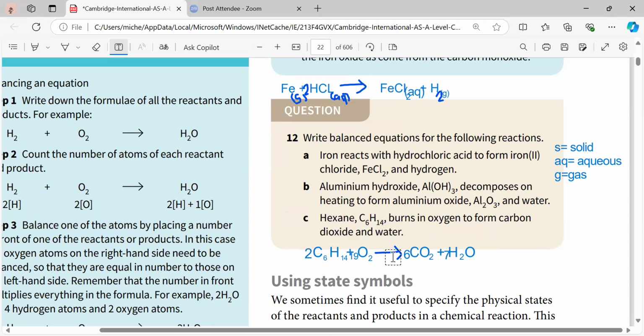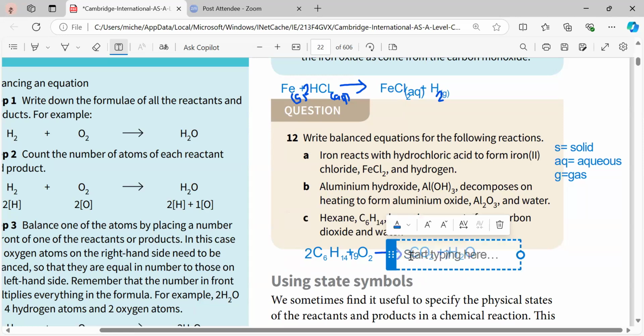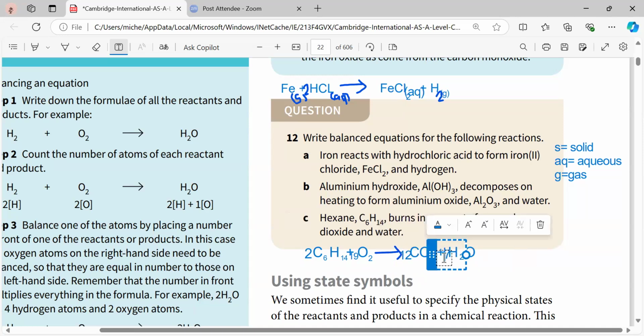So this is 19. And now 6, when multiplied by 2, will be 12. And 7 multiplied by 2 would be 14. So basically, this is the end result for this equation.